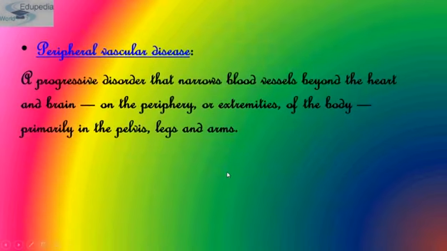Now comes peripheral vascular disease. It is a progressive disorder that narrows blood vessels beyond the heart and brain, on the periphery or the extremities of the body, primarily in the pelvis region, legs and arms, okay. So these were the disorders of the heart or blood related disorders.